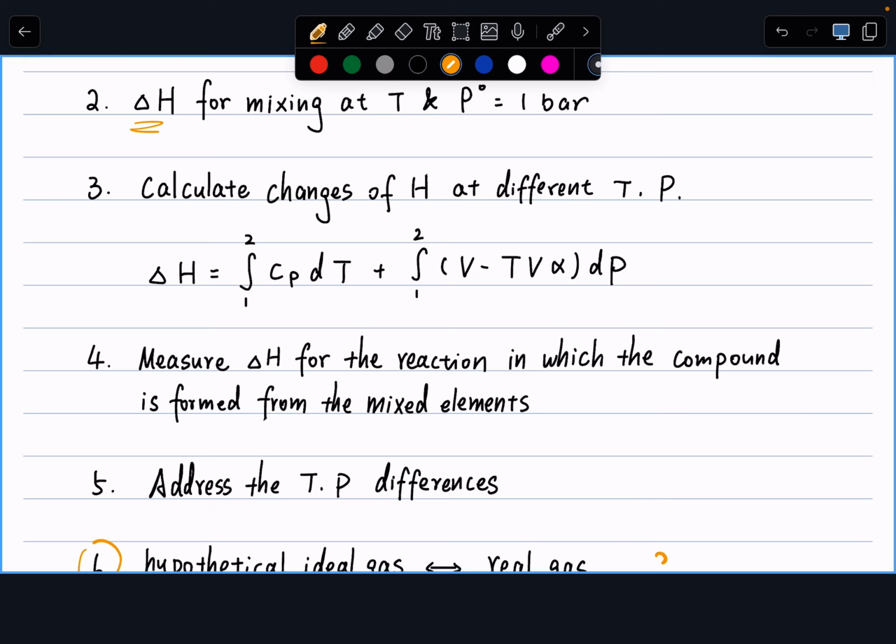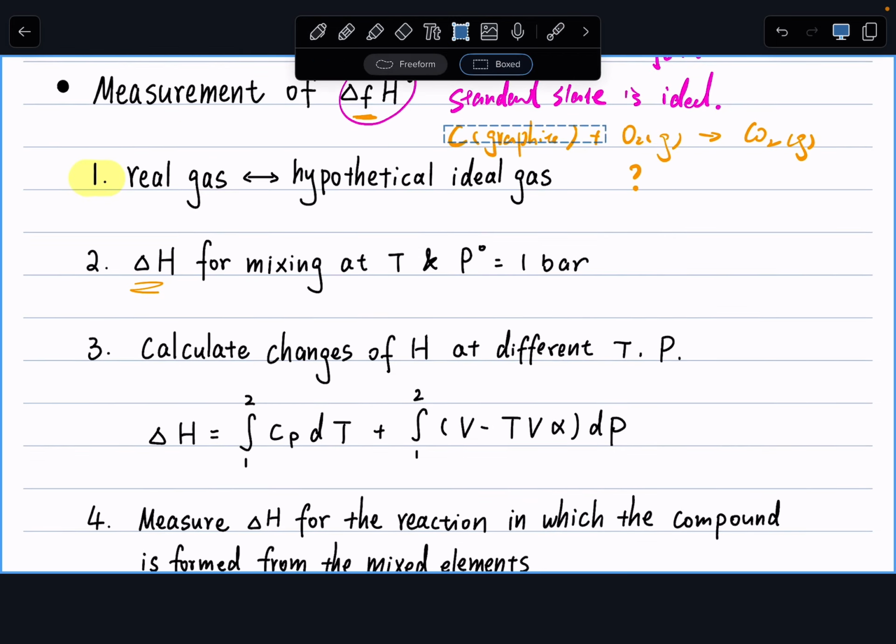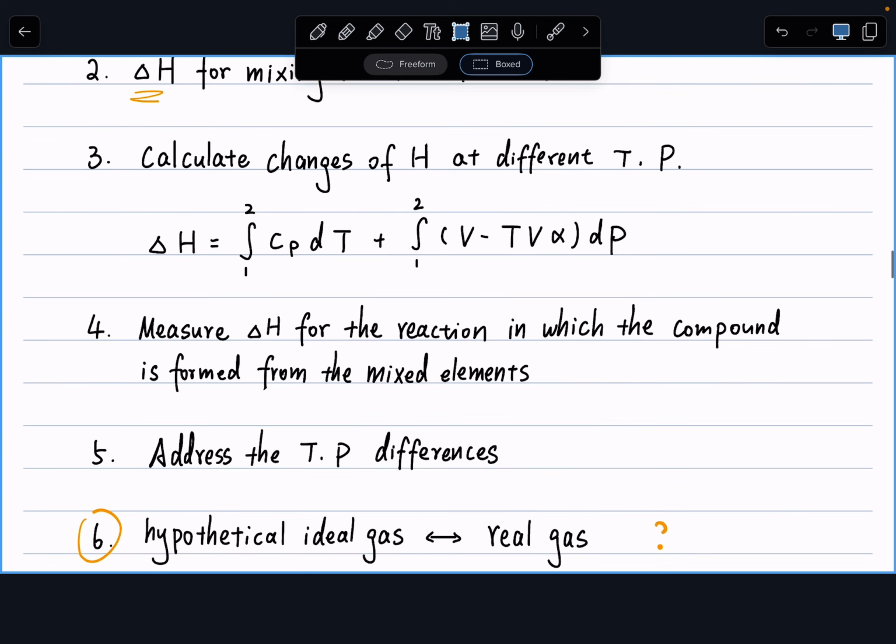So we can think about this one as, again, carbon graphite plus oxygen going to CO2. And once the reaction is finished, we'll be able to go back and address the temperature and pressure differences, and go back to address the ideal gas and real gas differences. All right, so that's the general strategy.